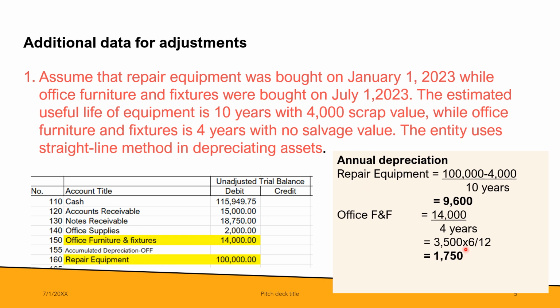So that's why 3,500 annual depreciation was multiplied by 6 over 12, and that will give you 1,750. So therefore, your total depreciation is 9,600 plus 1,750. Total is 11,350.